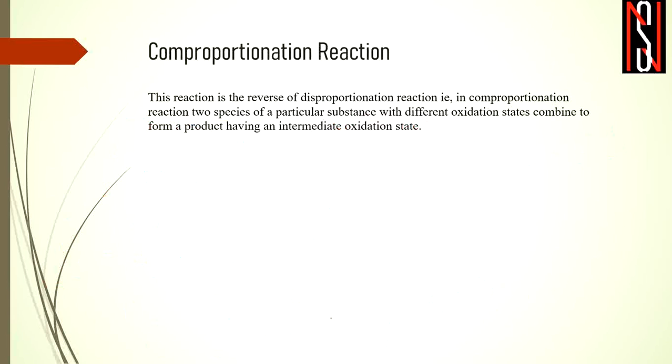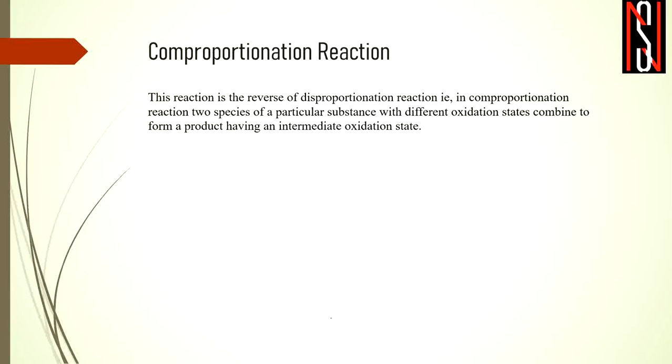Now we'll look into the comproportionation reaction. Comproportionation reaction is just the complete opposite of the disproportionation reaction that we have learned. In a disproportionation reaction, the same substance is reduced and oxidized, and from one intermediate oxidation state it jumps to a higher oxidation state, and in the other case the oxidation state is reduced from the initial oxidation state.